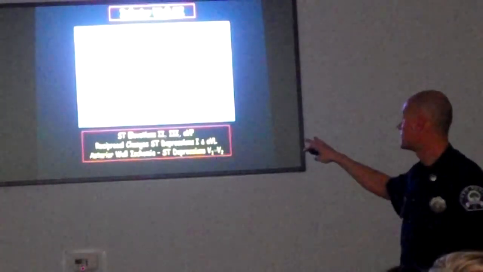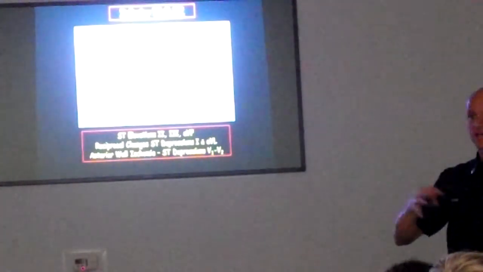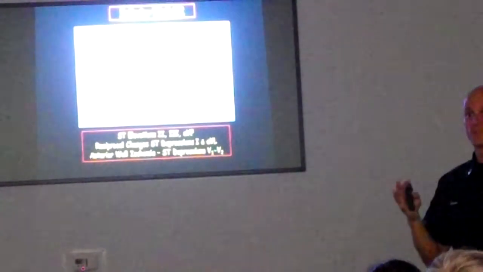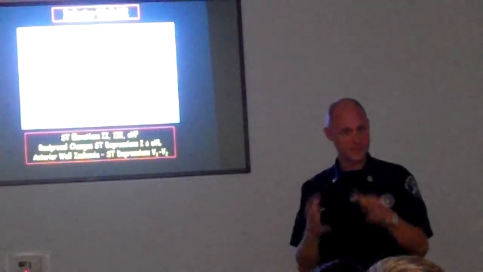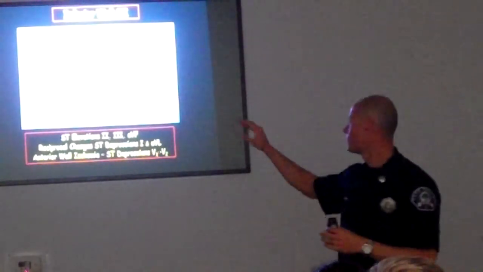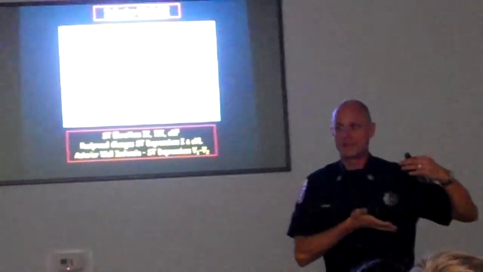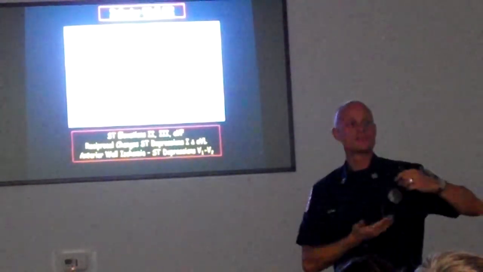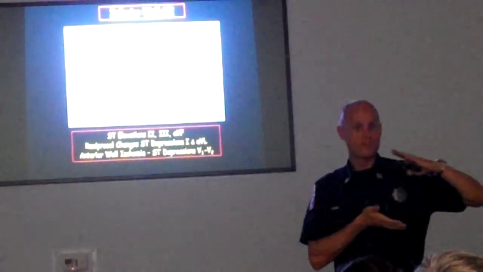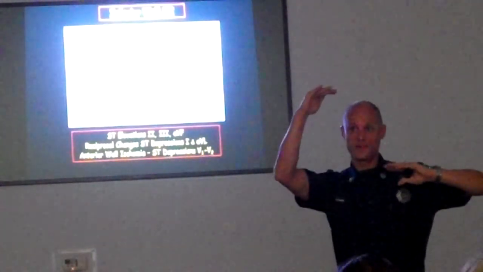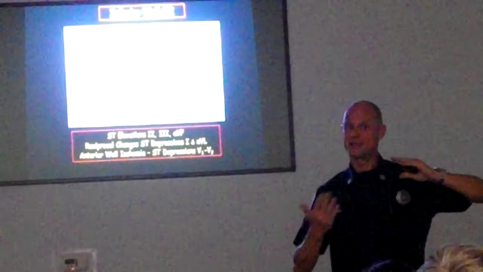Then we see what we call reciprocal changes. It's a super fancy word that basically means mirror image. So when you hear reciprocal changes, what you're looking at is a mirror image. The inferior portion of the heart is infarcting right now, so you look at the mirror image, and the mirror image of ST elevation would be ST depression.